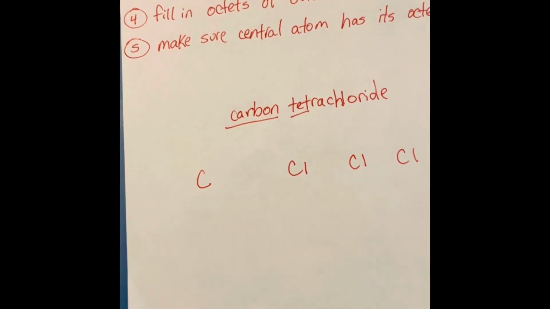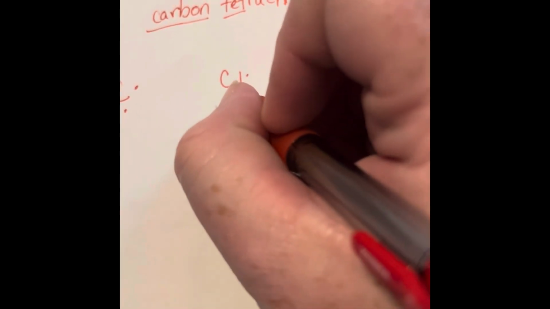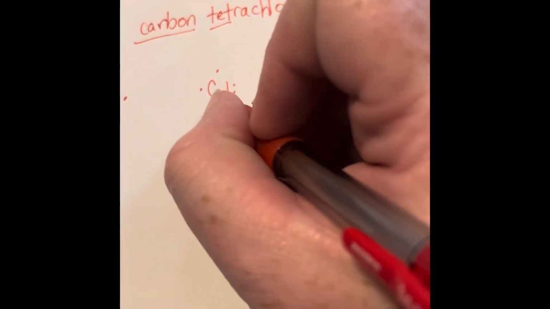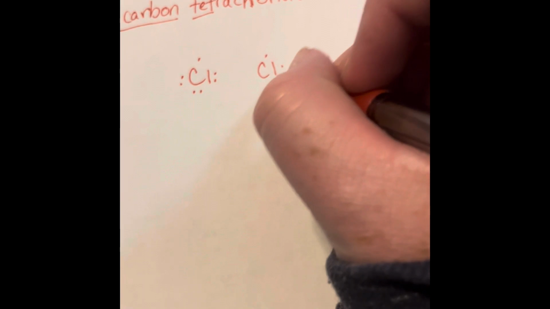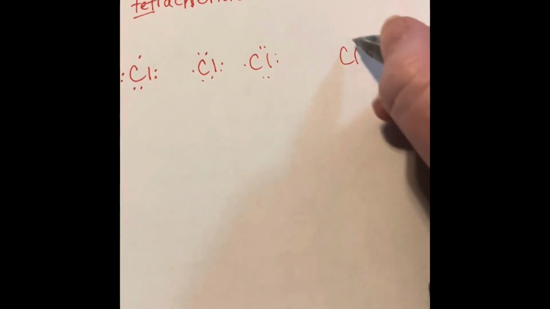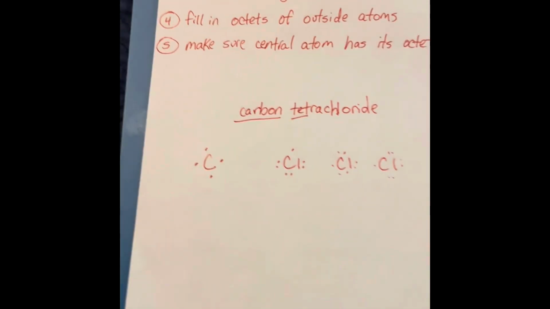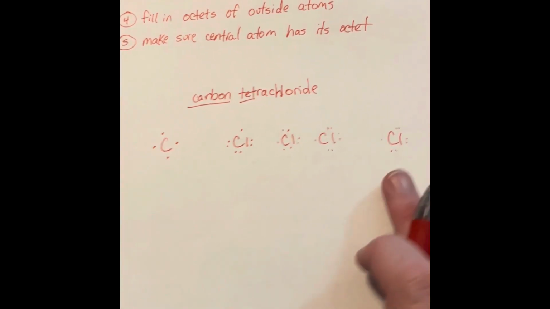Well, carbon is in group 4A. It has 4 valence electrons. 1, 2, 3, 4. And we did chlorine a minute ago. It's in 7. Okay, so count the valence electrons, okay?